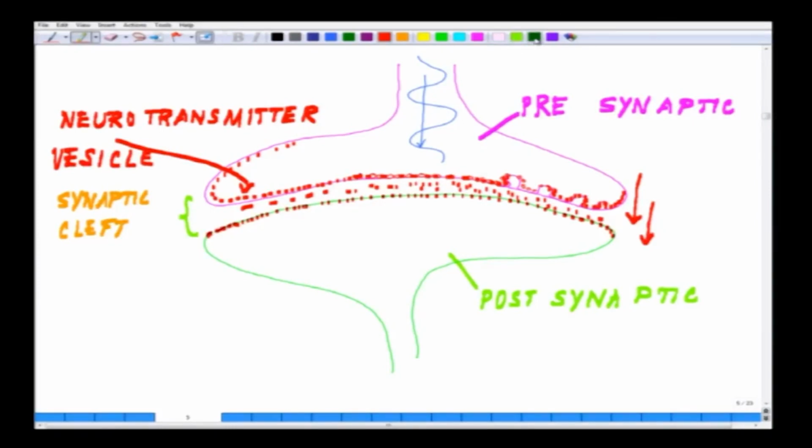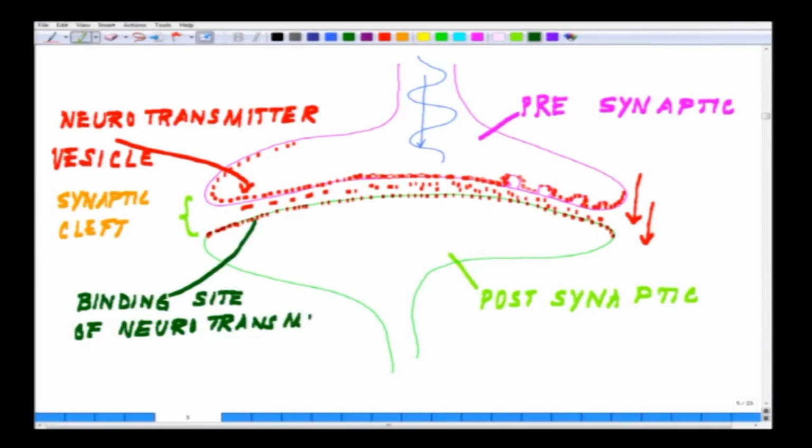And these are the binding sites for neurotransmitters on the postsynaptic membrane.